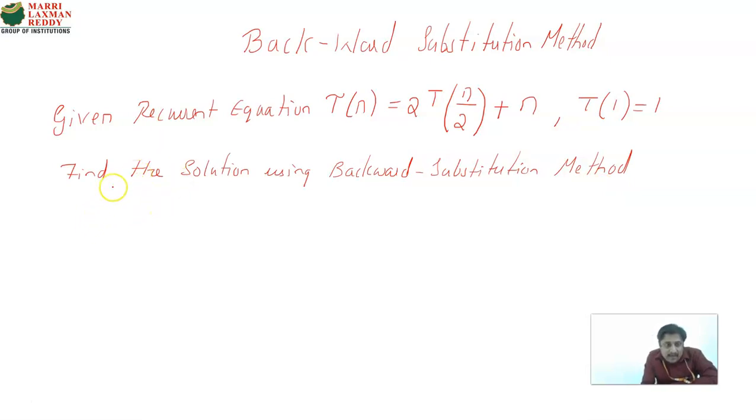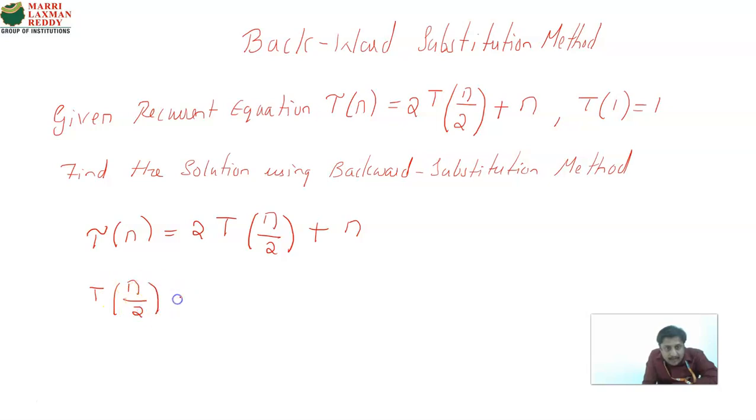So let us take the same equation, that is T(n) = 2T(n/2) + n. So when we find the value of T(n/2), how does it look? Let's say I take this equation as 1.